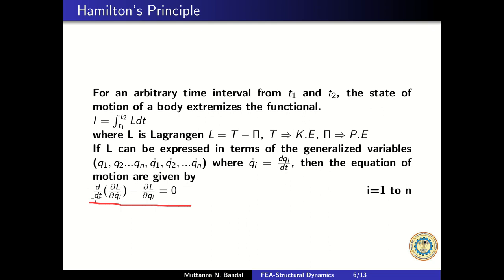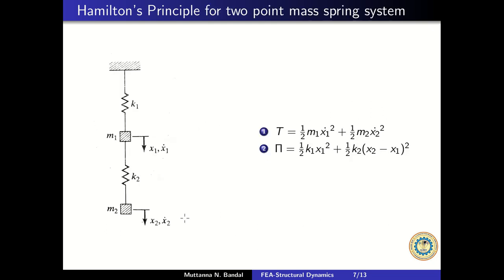So this refers to the kinetic part and this refers to the potential energy part. With this, let us illustrate Hamilton's principle for a two-point mass spring system. Let us consider a spring mass system with the two masses m1 and m2.